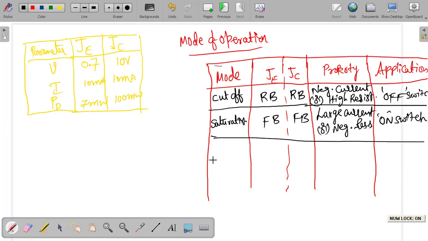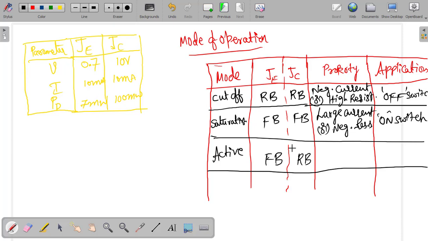And the most important one is active. What actually is active? In the active region, your junction JE will be forward bias and your collector junction will be reverse bias. When the emitter junction is forward bias and the collector junction is reverse bias, then this transistor acquires a property called transistor action.